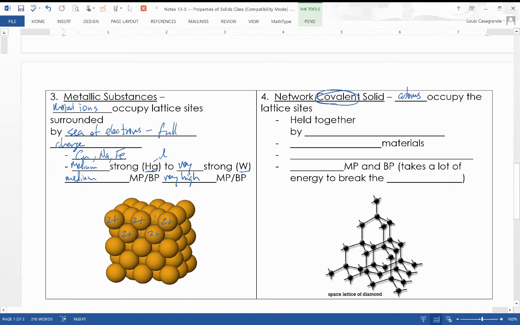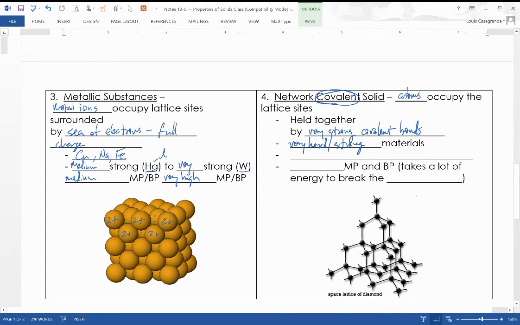And these atoms are held together by very strong covalent bonds. And because of that, they are very strong, very hard, and strong materials. So down below, you see carbon in the form of diamond.